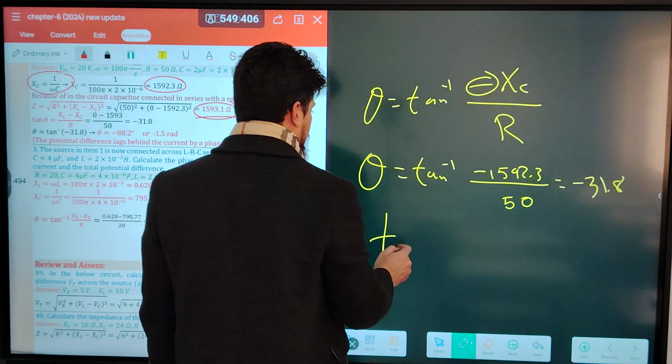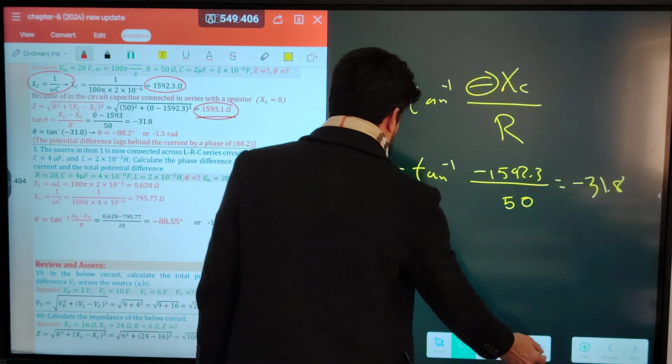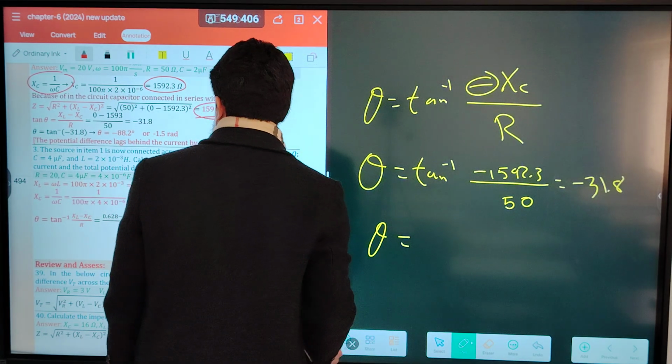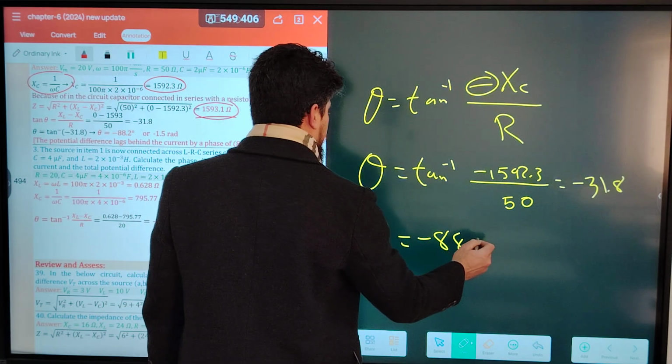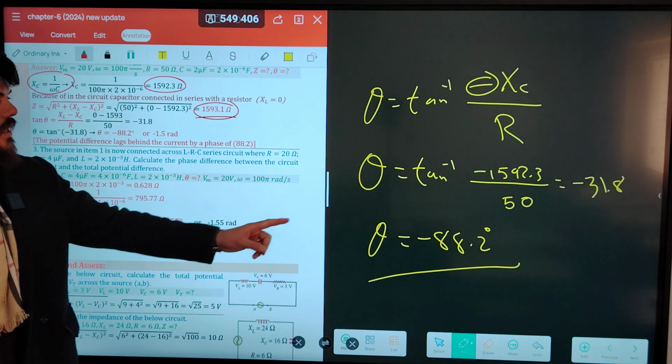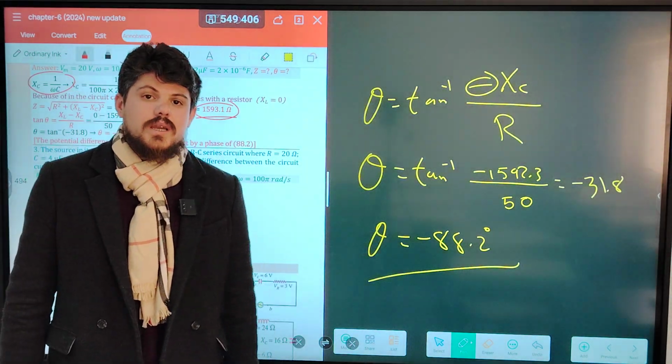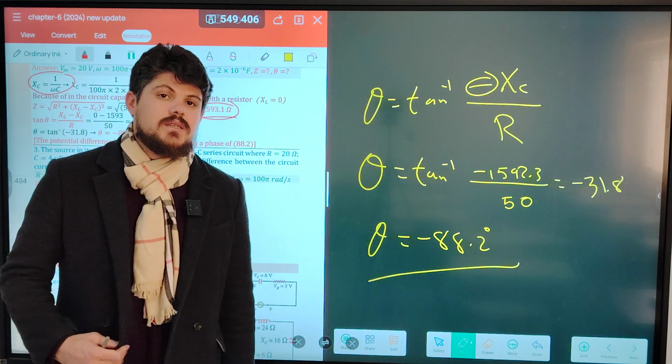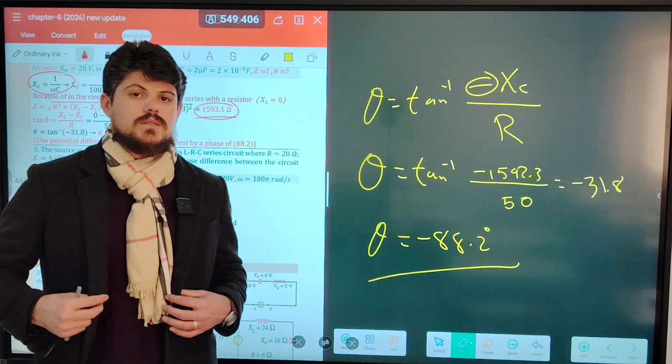Theta is equal to negative 88.2 degrees. So what does the negative sign indicate for the angle? It indicates that the circuit has capacitive characteristics.